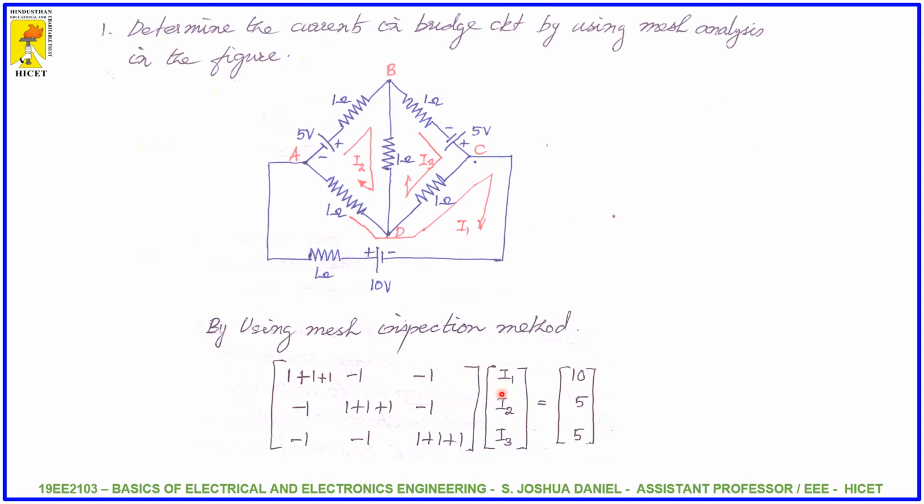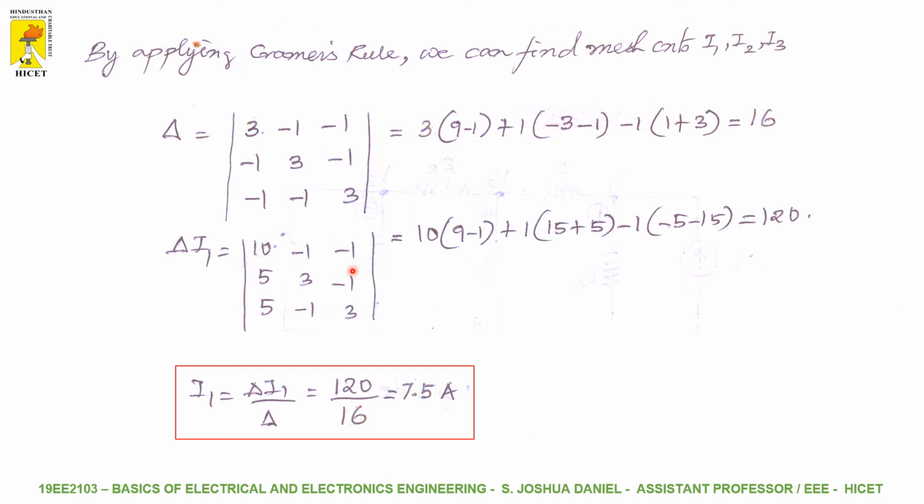Then we write I1, I2, I3, then the voltage sources. So you can see according to the direction of current, this is from negative plate to the positive plate, so we can write it as plus 10, here plus 5 volt, and in the third loop plus 5 volt, right? Next, we'll see how to solve it using Cramer's rule.